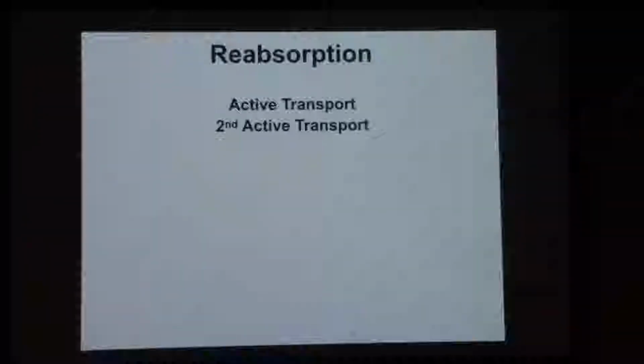But if you want to move something else, let's say glucose, you could use a secondary active transport mechanism where you apply the energy to sodium to make a sodium gradient, and then you let sodium diffuse back across the cell membrane down its gradient that you just made. But when it comes back down, it grabs glucose with it. So the thing you're trying to move is glucose, but you didn't apply the energy from ATP to glucose, instead you applied it to sodium. So the glucose is secondarily benefiting from that energy that's spent.